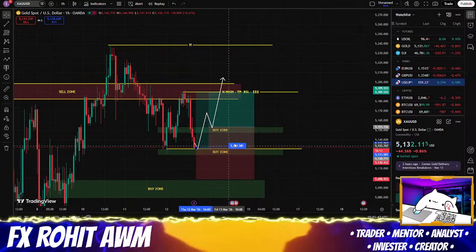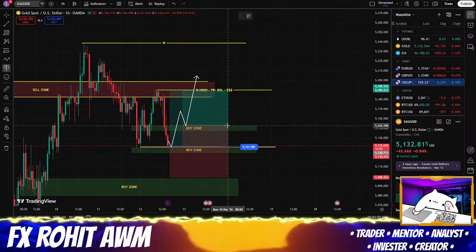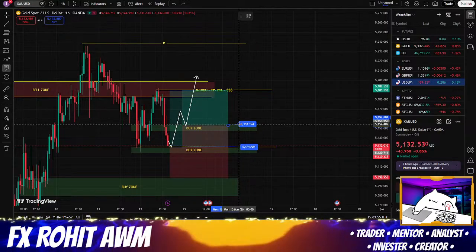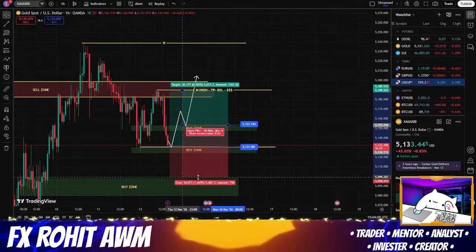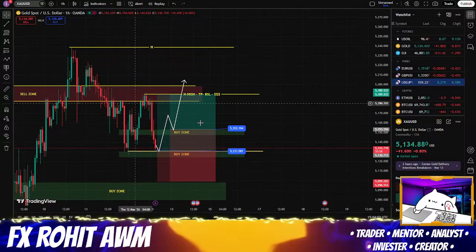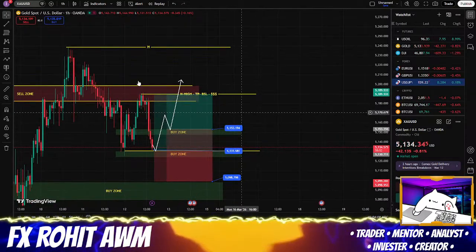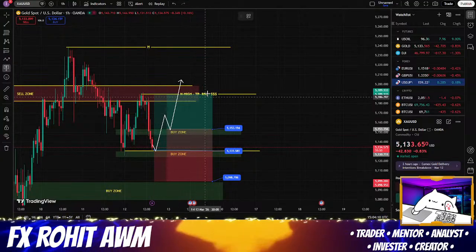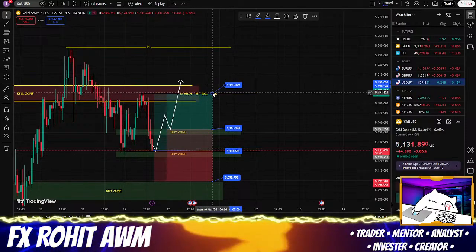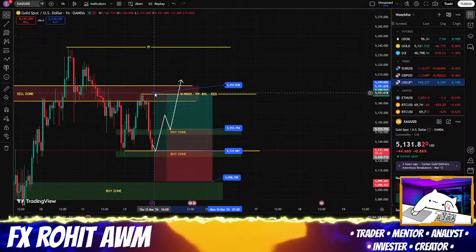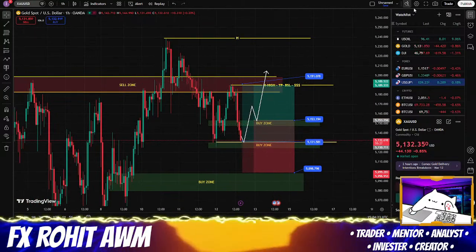So this is our entry zone, and this is our SL, and that's our TP. So this is an averaging trade, guys. Okay, you can also check that setup.